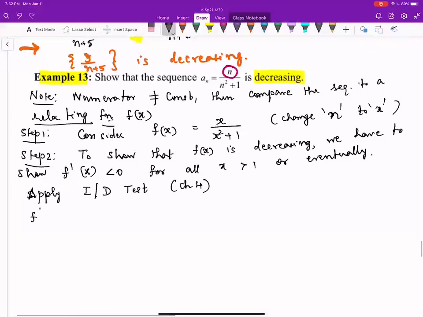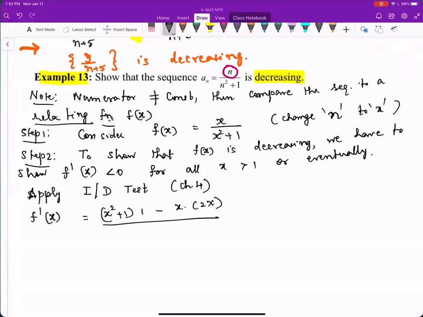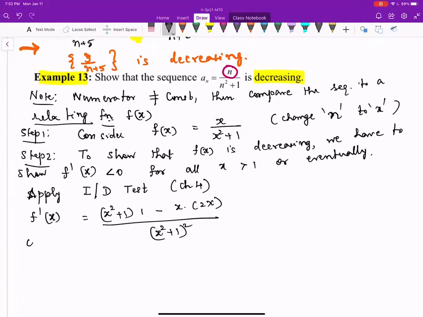So let's find out the derivative. f prime of x, so you have to apply the quotient rule. So denominator times derivative of the numerator minus numerator times derivative of the denominator, divided by denominator squared. So what you're applying here is the quotient rule.